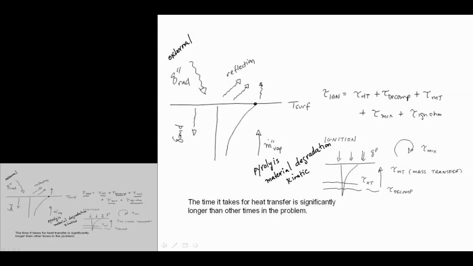Then when we look at it in this form, let me make sure I define these things for you. So tau HT is the characteristic time for heat transfer. Tau decomp is the characteristic time for material degradation.